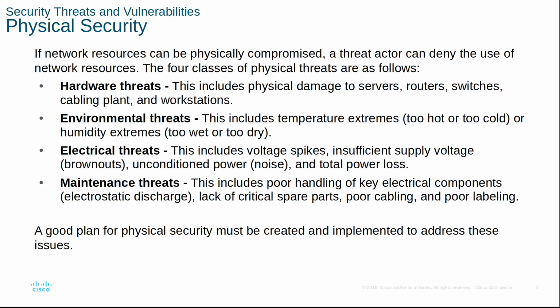Hardware threats, including physical damages to servers, routers, switches, cabling, workstations, etc. Environmental threats, environmental extremes, right? If it's too hot or too cold or too humid or too dry, that can cause physical damage to your equipment. So if you've got controls for that and they're on the internet, well, it's probably your first mistake, right? And don't do that.